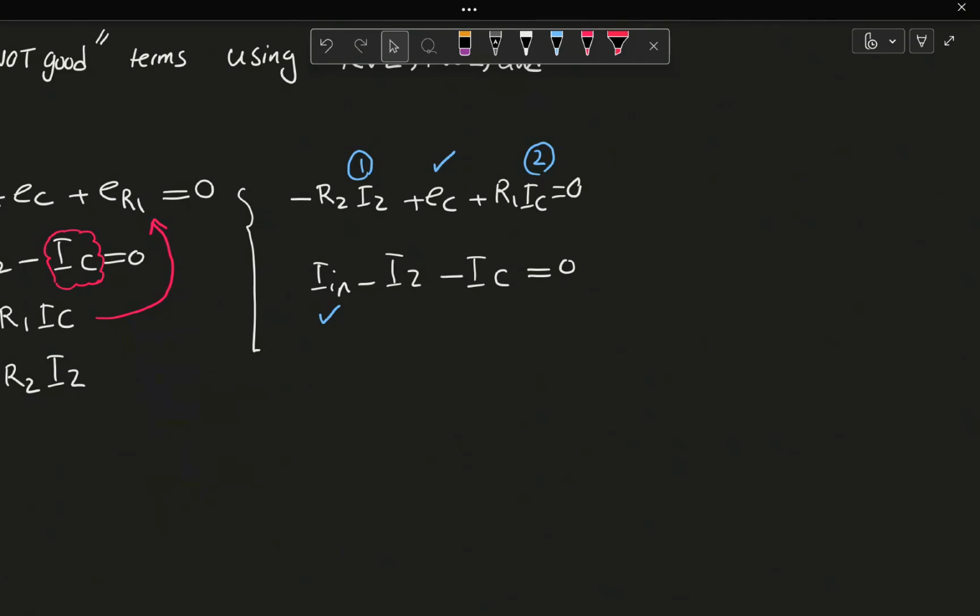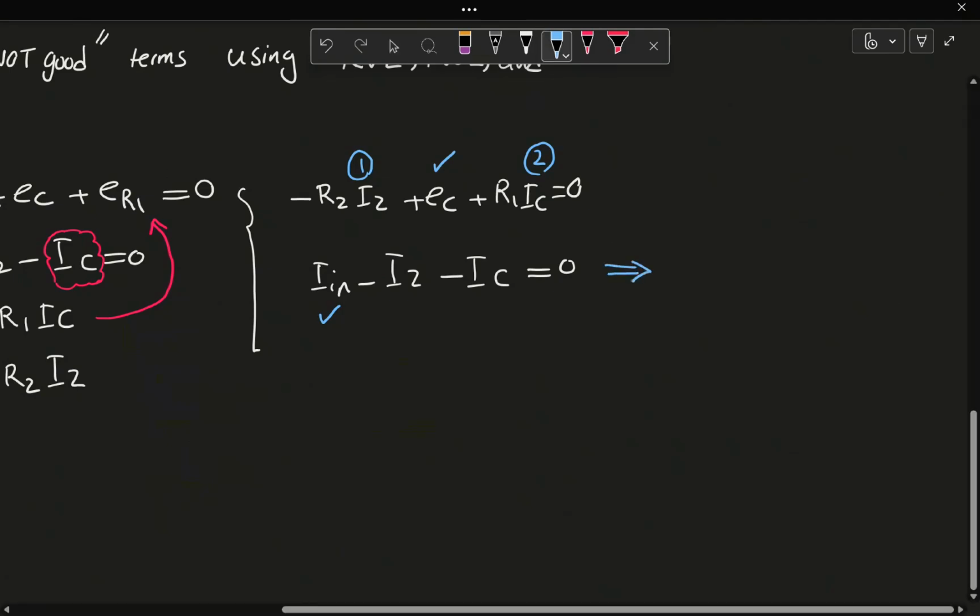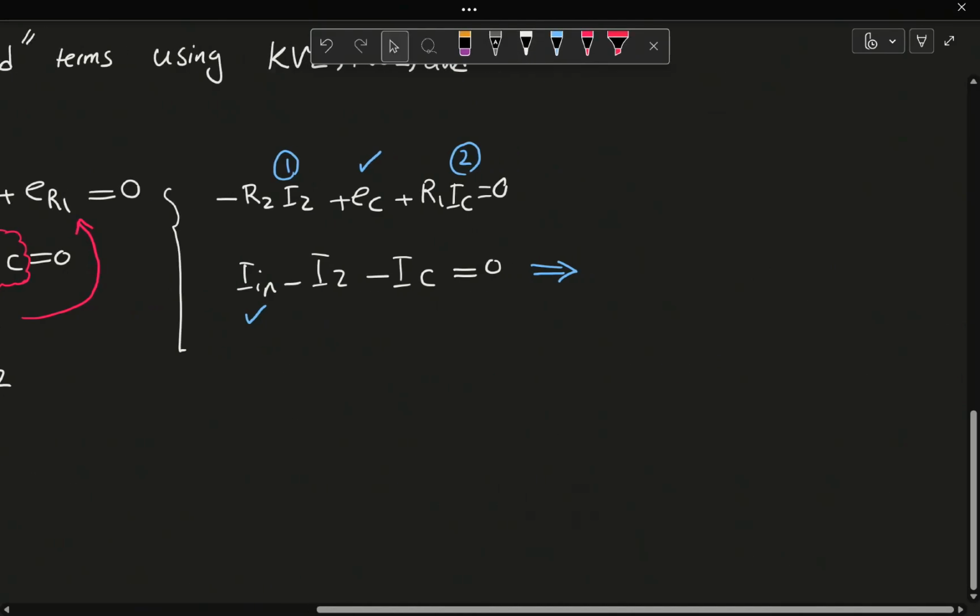One of the easiest ways to solve this system of equations is by substitution. From the second equation, you can find I2 as a function of IN and IC. So I2 equals IN minus IC. Then substitute I2 into the first equation and solve it for IC.